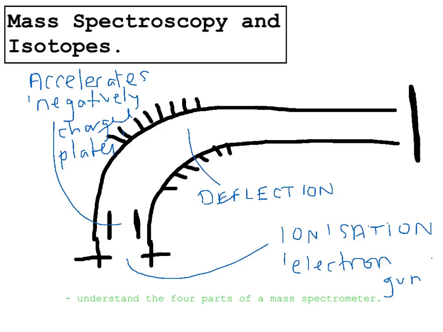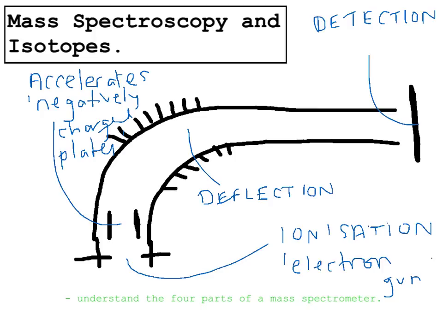And then at the end we've got a detector, so detection is last, and that is basically a plate of metal, and as the ion hits it, it will take an electron away from the metal and therefore induce a current in the metal, and the size of the current is directly proportional to the number of ions that are hitting it.